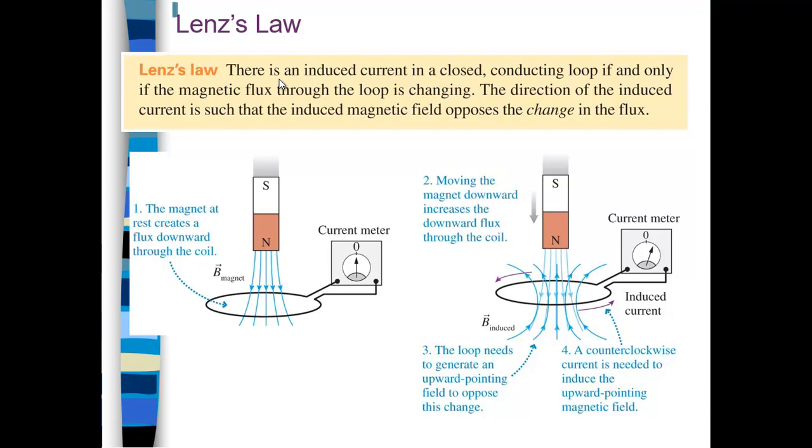Then the loop generates an upward pointing field that opposes this change. And a counterclockwise current is needed to induce the upward pointing magnetic field.